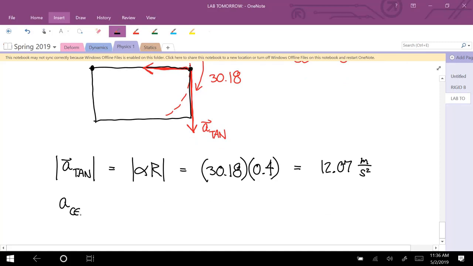The centripetal acceleration magnitude is omega squared times r. That's 0 squared times r, so that's 0.